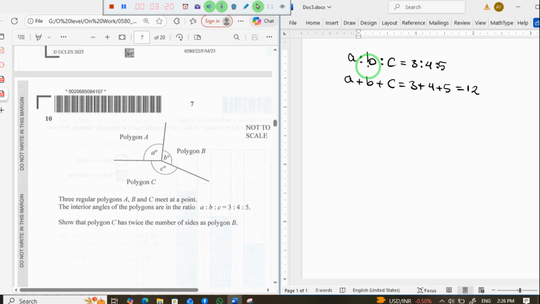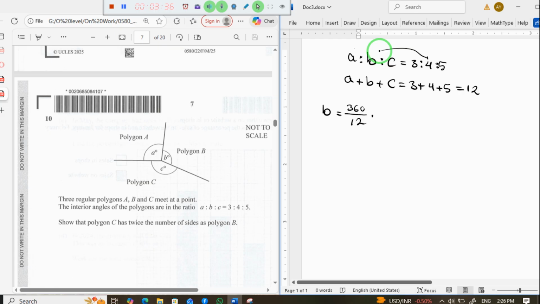Then we find the value of B, which is an angle. B is equal to 360 divided by 12 multiplied by the ratio of B.